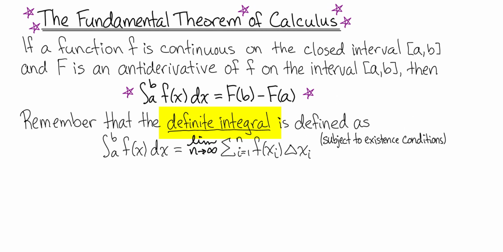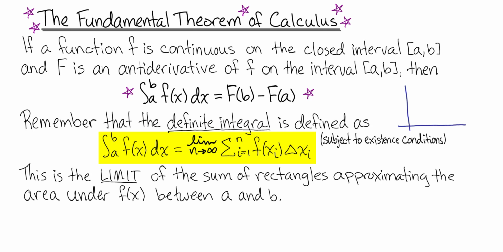Remember that the definite integral is defined as the integral from a to b of f of x dx equals the limit as n goes to infinity of the sum from i equals 1 to n of f of x_i times delta x_i. When we're doing a definite integral, remember that we're calculating the area under a curve.